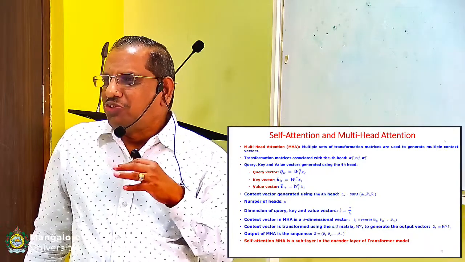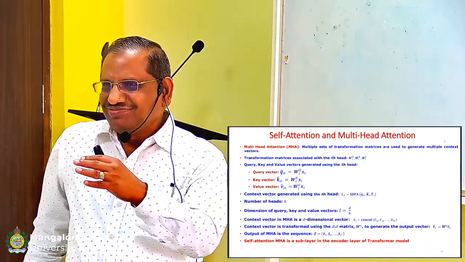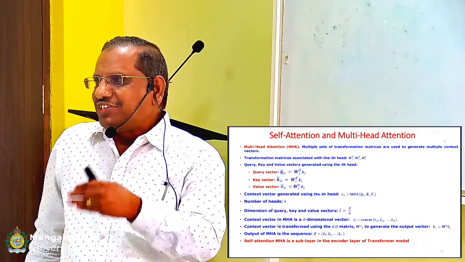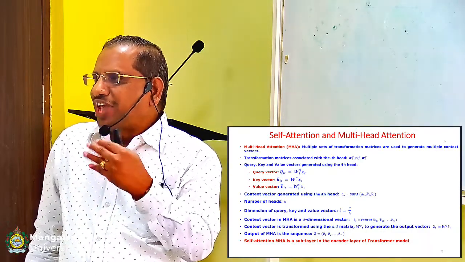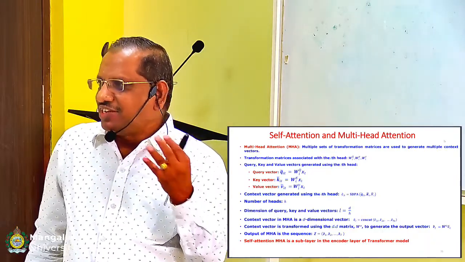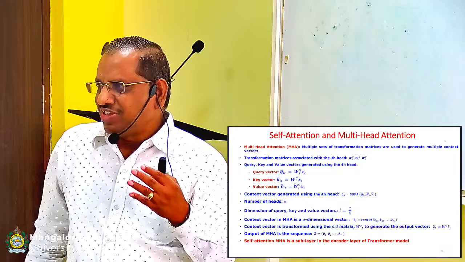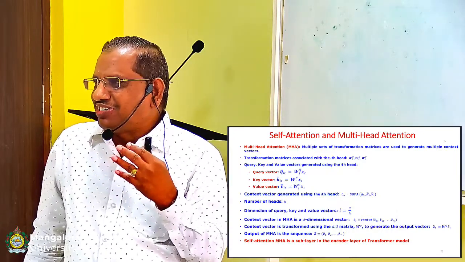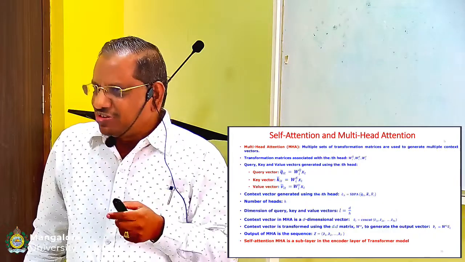Basically, given a sequence, we get another new sequence, but this new sequence is supposed to capture the representation of the relations among the different elements in the given sequence, and that forms the most crucial part of the transformer models.